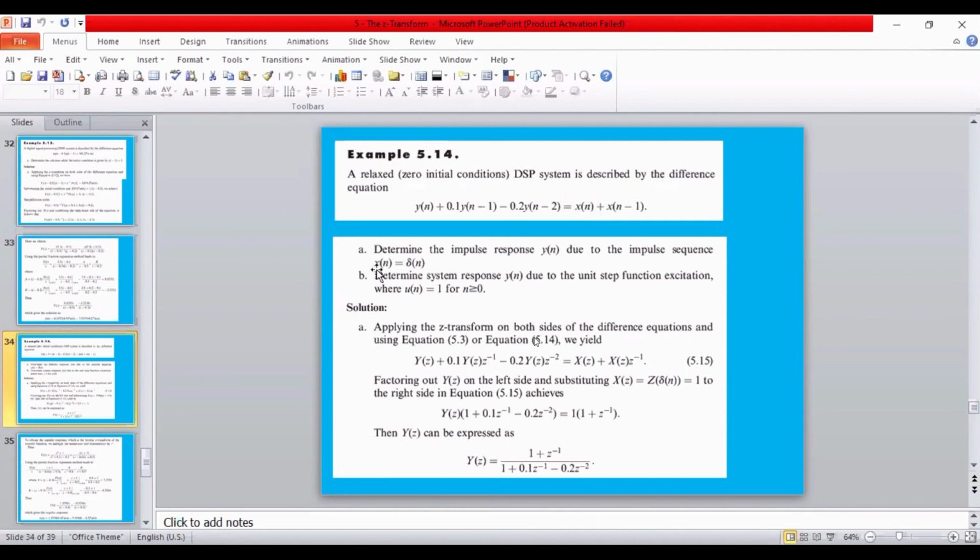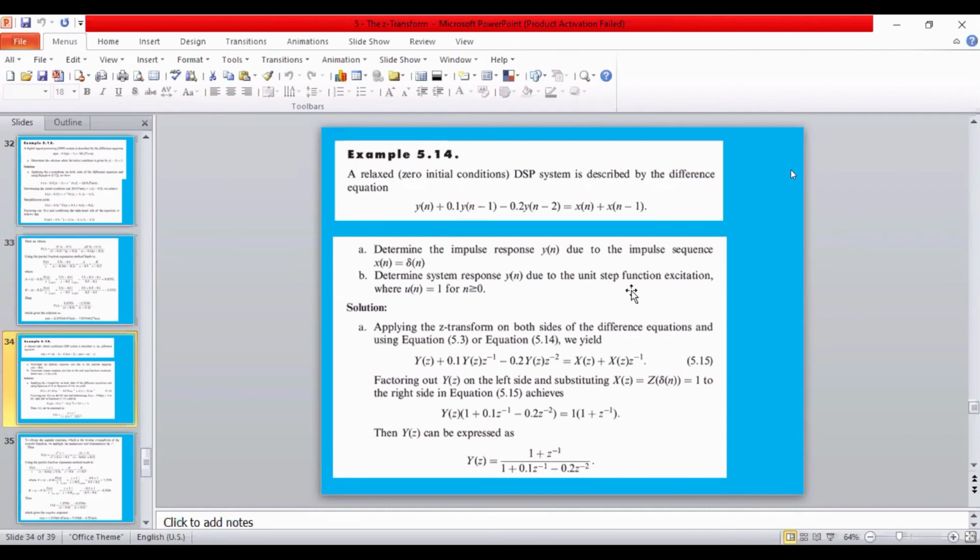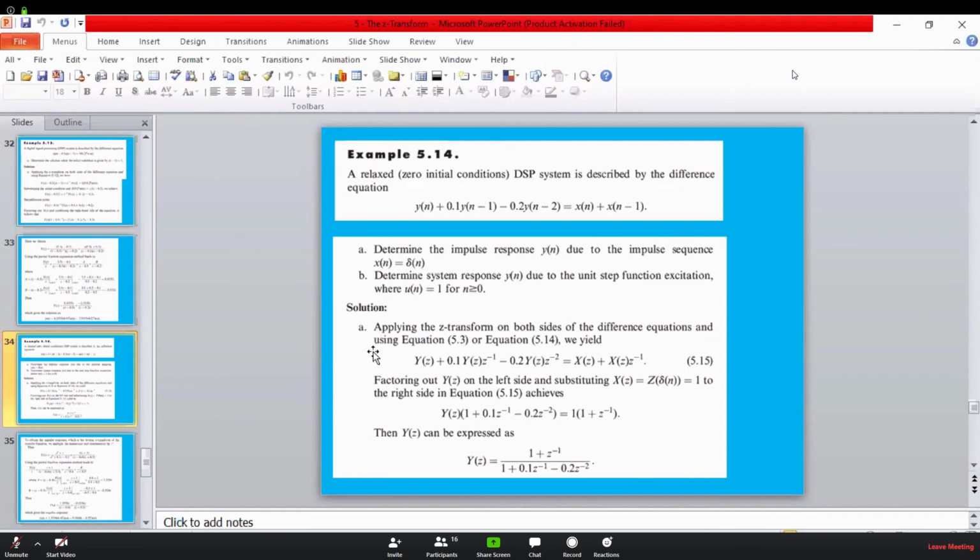So in our particular case, we will substitute the delta function for x here in part A. And in part B, we want to do the same by inputting the unit step function. So delta function and unit step function as our input. Okay, so first we do part A.